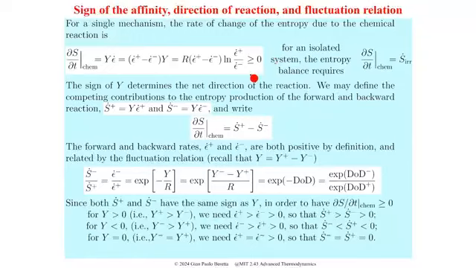Of course, we've noticed here that this results in always being positive, but sometimes it's positive because S plus is greater than S minus, and sometimes it's positive because S minus is more negative than S plus.